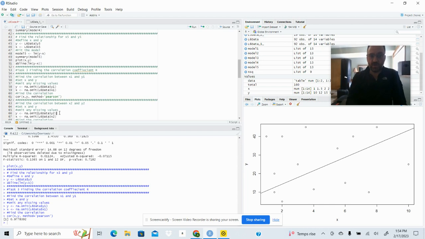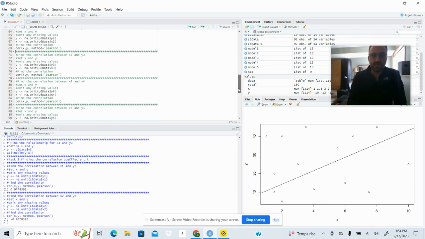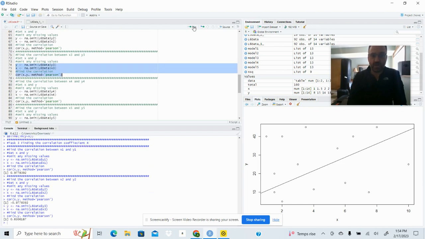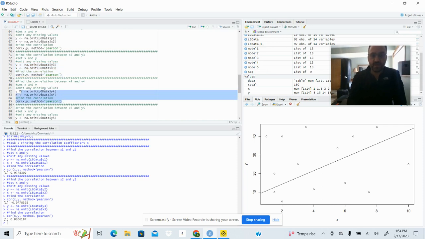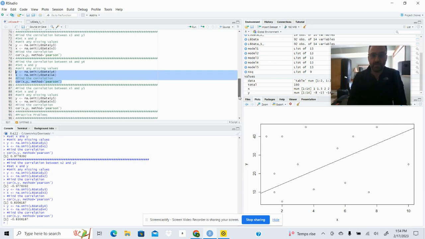If I wanted to do the correlation between x2 and y2, you can run those, and it's negative 0.97, so that's a strong negative correlation. For x3 and y3, running the appropriate code, it's 0.83, that's a strong positive. For x4 and y4, it is negative 0.83, which is a strong negative.